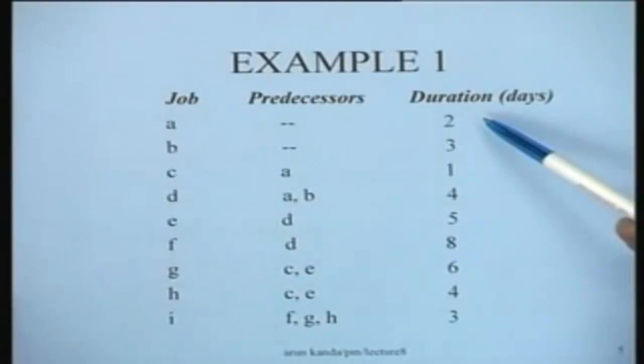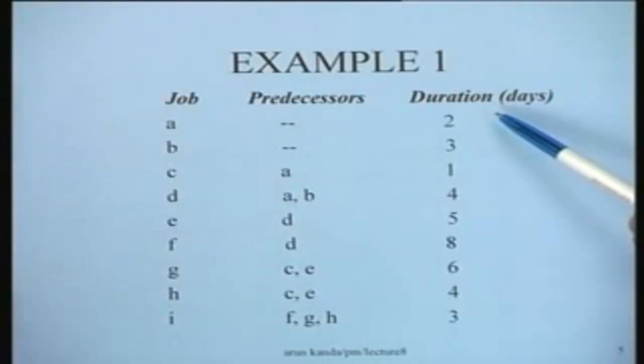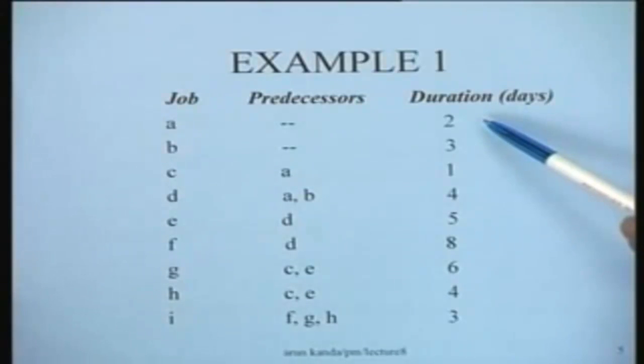The objective of the analysis or the basic scheduling computations is to establish a time schedule for various activities and to find out when this project can be accomplished at the earliest. This is the broad intention of the whole analysis.